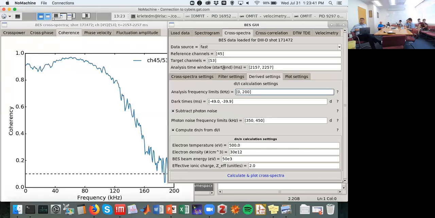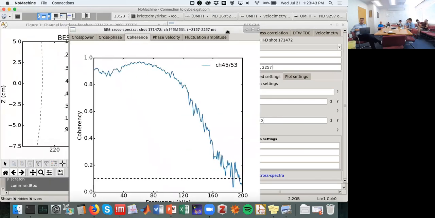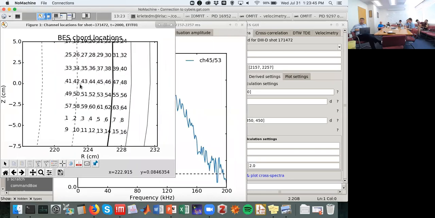All right. Now, let's say we want a profile of delta n over the edge region of the plasma. We might want to start from the innermost part of the BES array, which is at a rho value. You can see here, these dashed lines mark 10% rho value. So this is rho 0.9, this is rho 0.8, this is rho 1, the separatrix. So we'll start at this one and move inward.